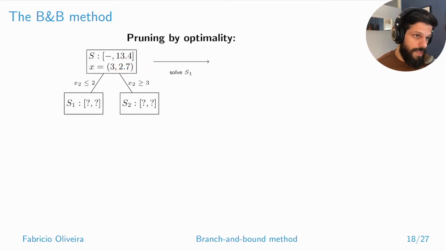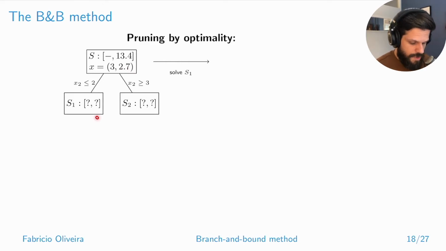So one way in this case to generate potentially feasible solutions for the original problem is applying this rounding mechanism that we're going to look at in detail in a minute. But we generate two subproblems, S1 and S2, saying that this number is either less or equal than 2 or greater or equal than 3, in the hope that we can find a solution that is not fractional.